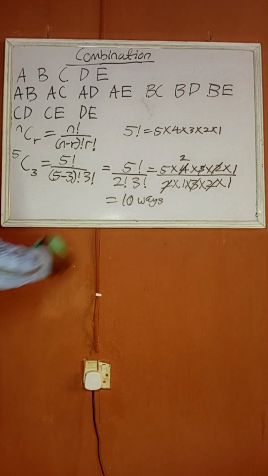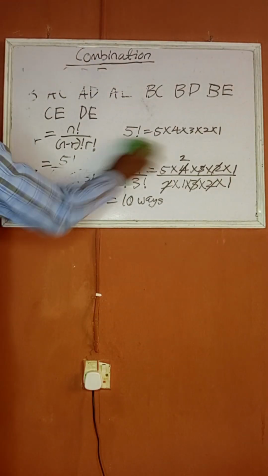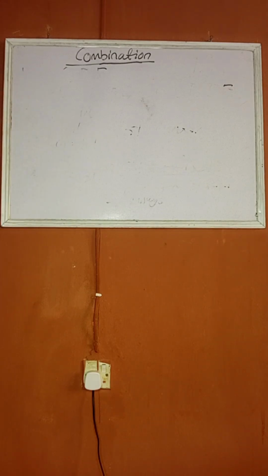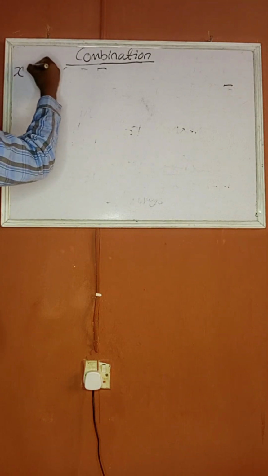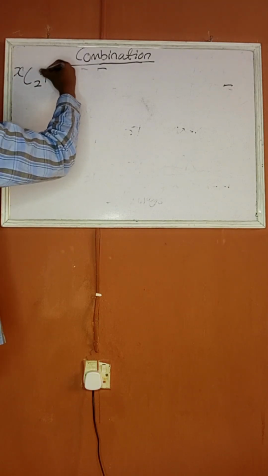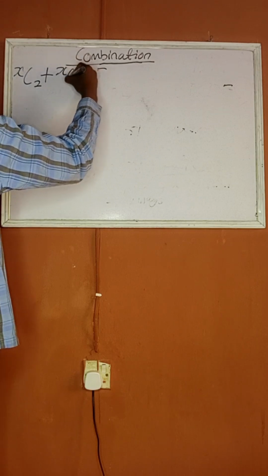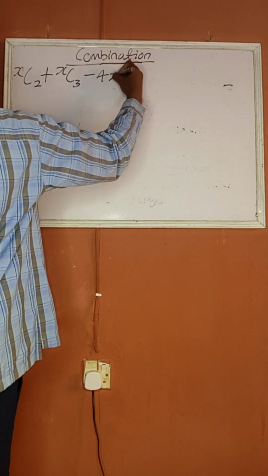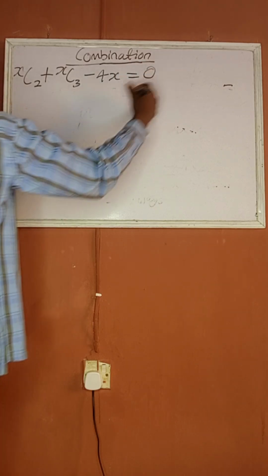Alright, so let's dive into our next example. Which is x combination 2 plus x combination 3 minus 4x is equal to 0.